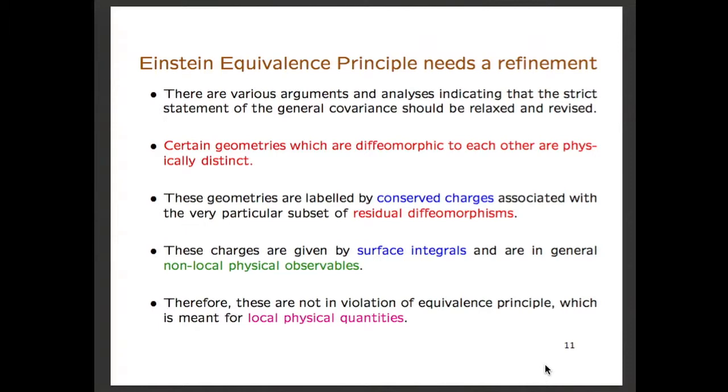Through many different examples that people have studied in the last 40 years or so, we know that there are certain diffeomorphisms to which we can associate conserved charges, and hence there are some diffeomorphic geometries which are not physically equivalent. The very famous first examples of this kind were studied by BMS already 50, 60 years ago, and the next famous example was studied by Brown and Henneaux.